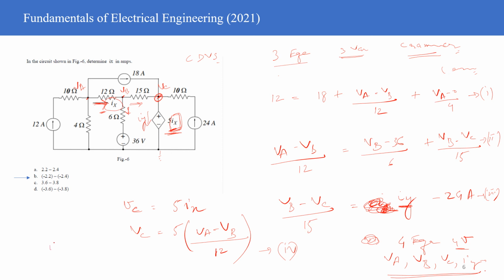Why? Because Ix is nothing but VA minus VB divided by 12. You have the solution of VA and VB, you substitute it here, you divide it by 12, you get the value of Ix. It will come out in this particular range, hence it's marked here. So the correct answer would be B.